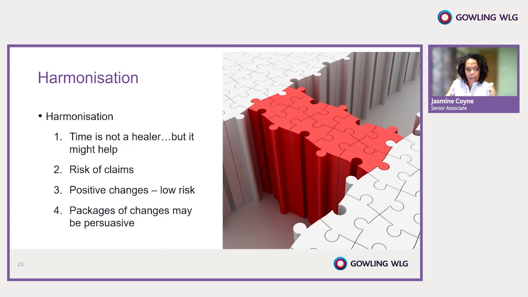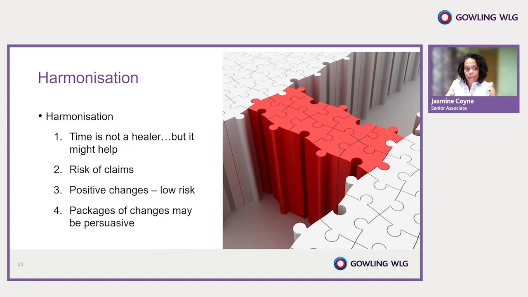In terms of practical tips for harmonisation, realistically, if you're offering terms to transferring employees which are better than their existing terms, the employer likely has nothing to be concerned about, because employees are unlikely to complain if the changes are better. Another option, where there's a mixed bag of changes the employer wants to implement, would be to offer a package of changes.